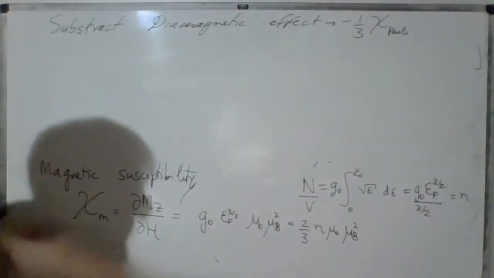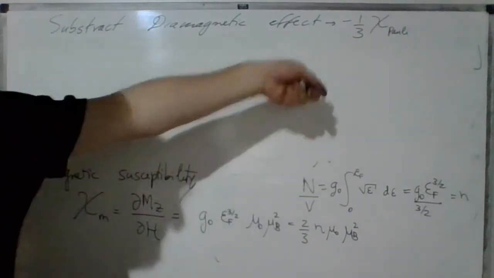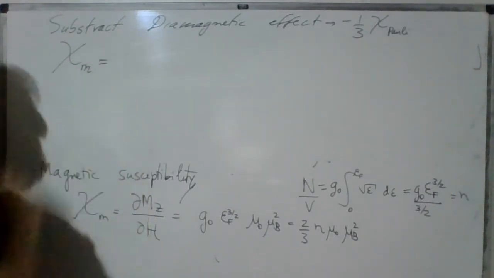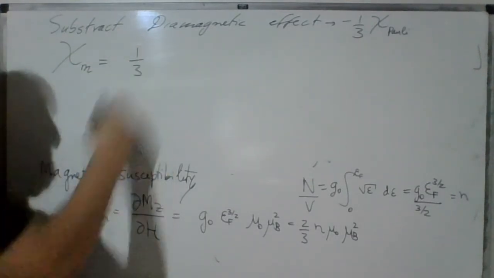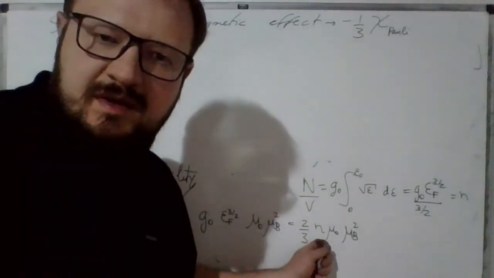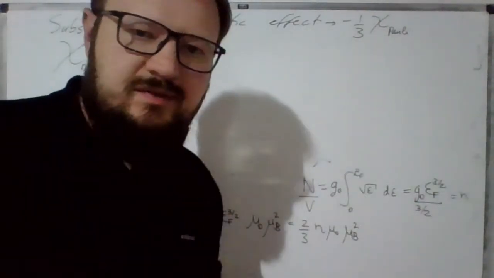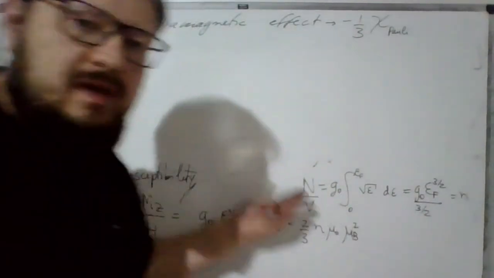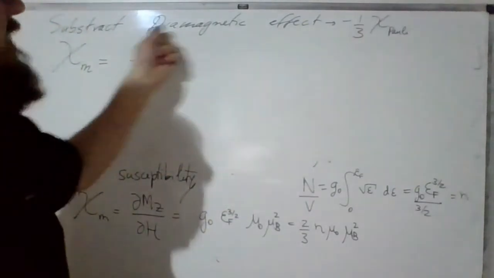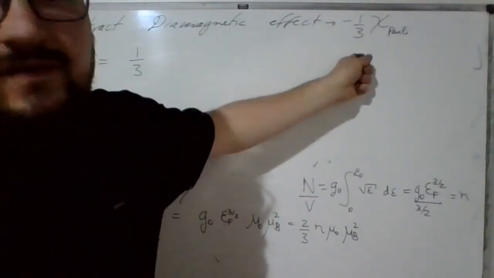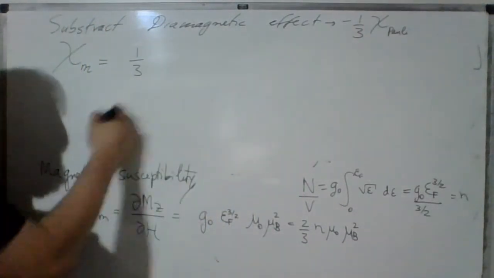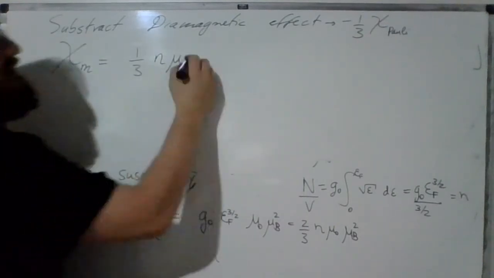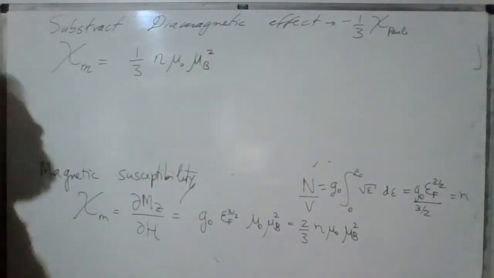So it is this value minus 1/3. You'll find for the total magnetic susceptibility a factor of 1/3. So the paramagnetism, the tendency to alignment with the magnetic field, prevails in this case because it's 2/3. If you calculate the diamagnetic effect, you have a minus 1/3 factor. So I have 1/3 the total electron density times the Bohr magneton squared.